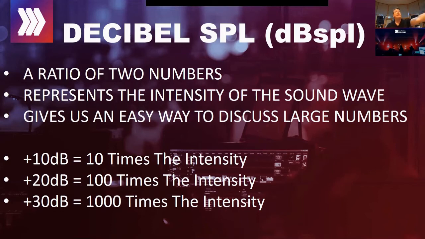If source A is replicating a sound that is 70 dB and source B is replicating that same sound at 80 dB, most people are going to say, yeah, source B is twice as loud, or the 70 dB source is going to be half as loud. So it's something to keep in mind.